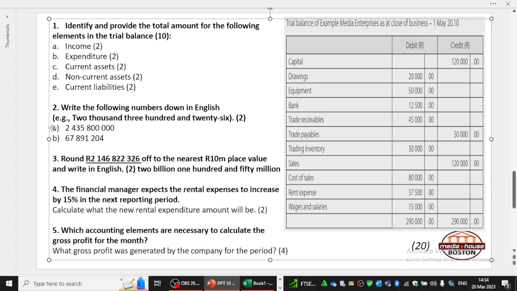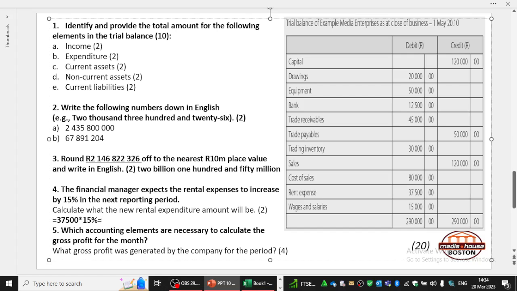And then on this one it says that the financial manager expects the rental expense to increase by 15% in the next reporting period. Calculate what the new rental expenditure amount will be. Rental expense is 37,500, and it is to increase by 15%. So if it's increasing by 15%, we need to calculate the increase by saying 37,500 multiplied by 15%.